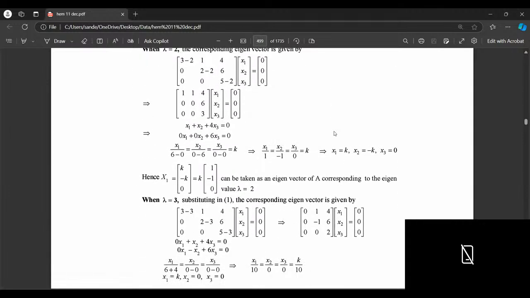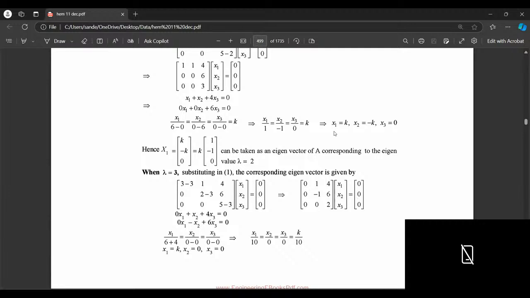Then put lambda equal to 3. For the corresponding eigenvector, put lambda equal to 3. Again you will get the set of equations: 3 minus 3, 1, 4, 0, 2 minus 3, 6, 0, 0, 5 minus 3. Again simplify.